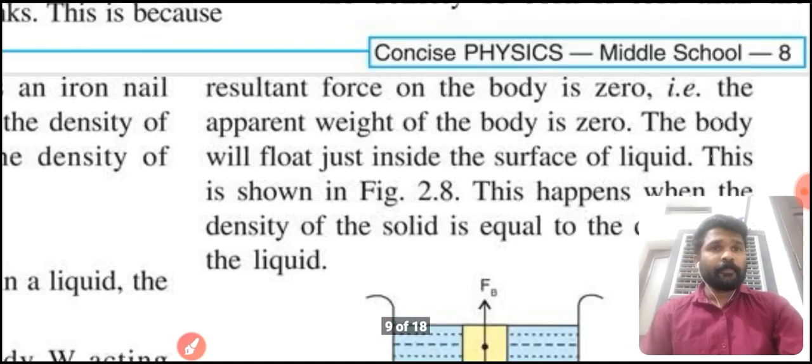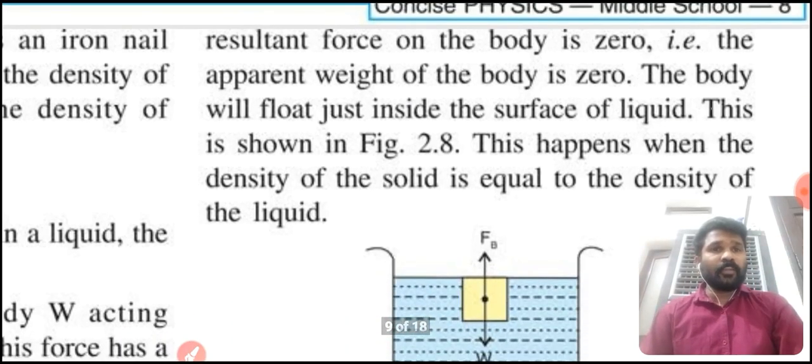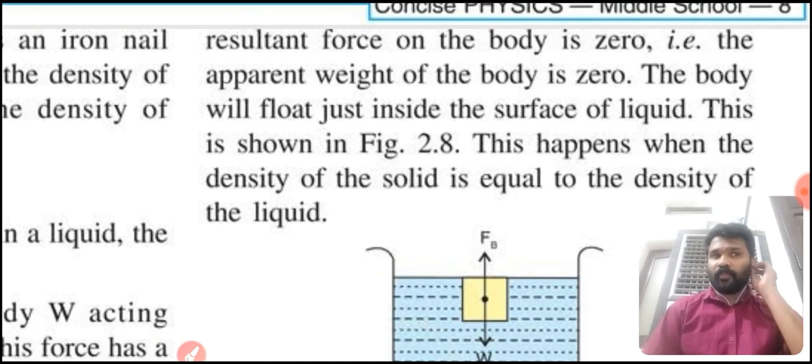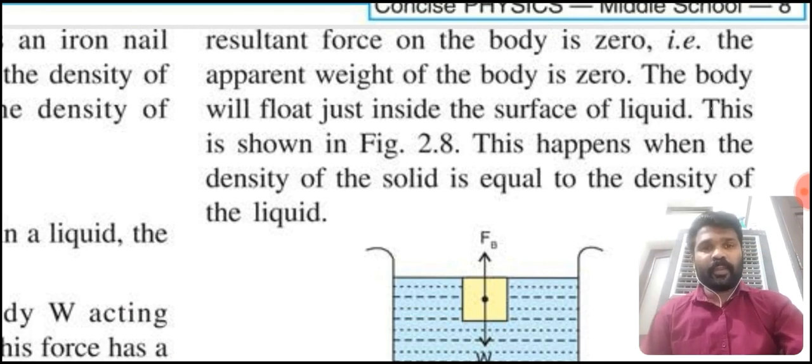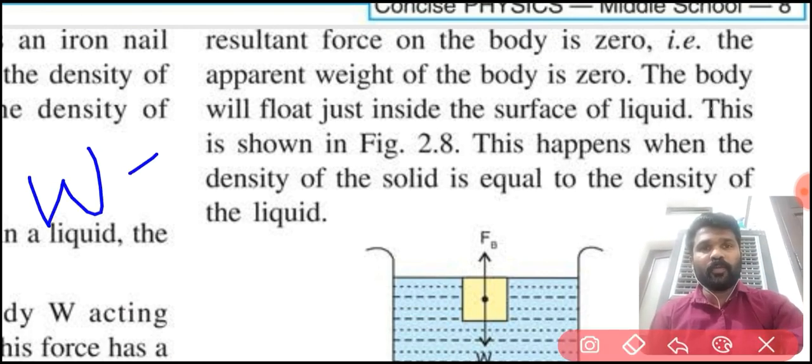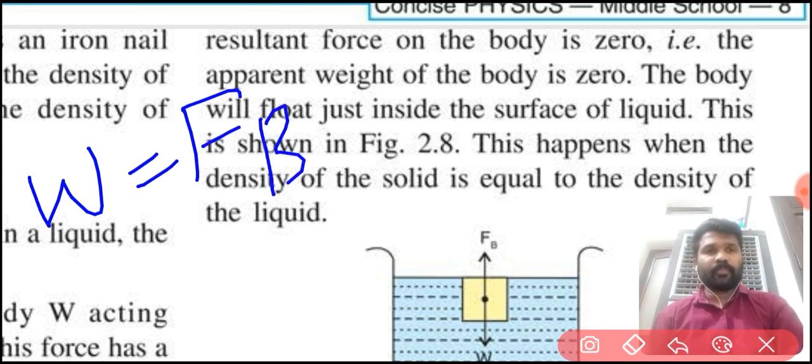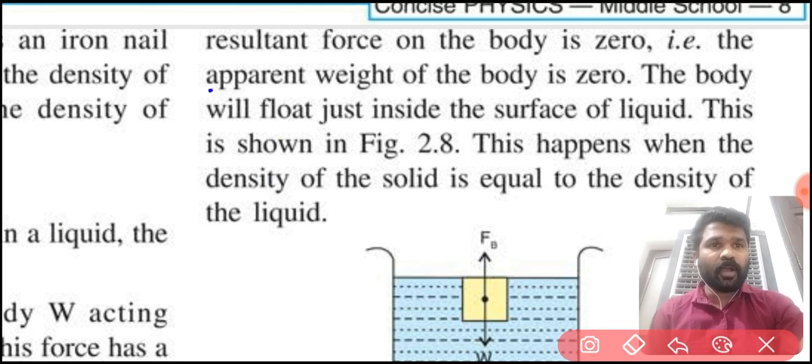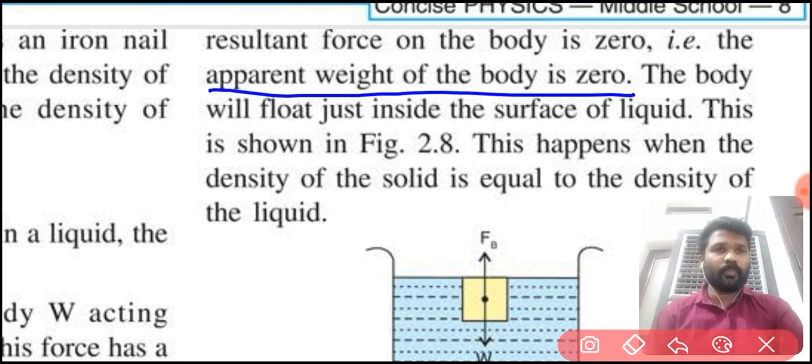Okay, the resultant force on the body is 0. When W is equal to FB, the resultant force on the body is 0. That is, the apparent weight of the body is 0.